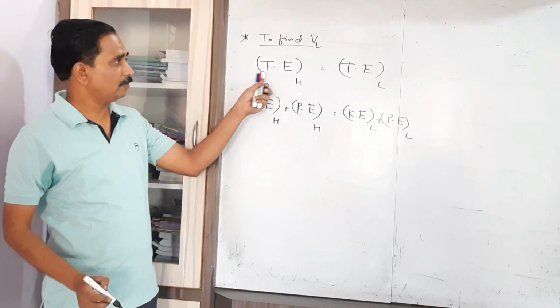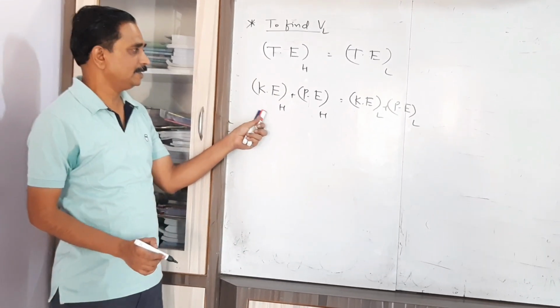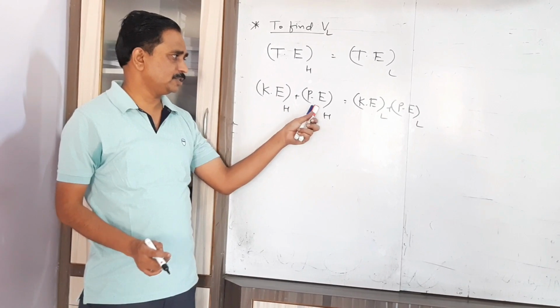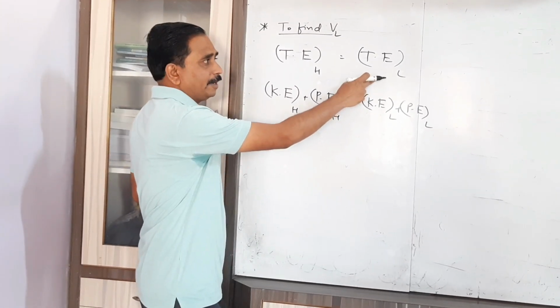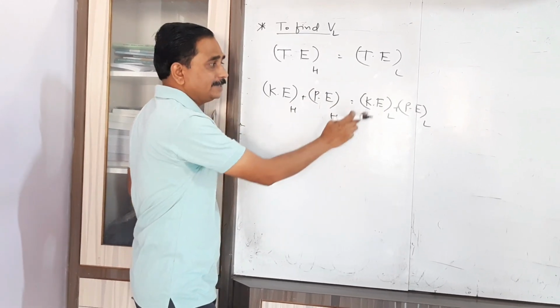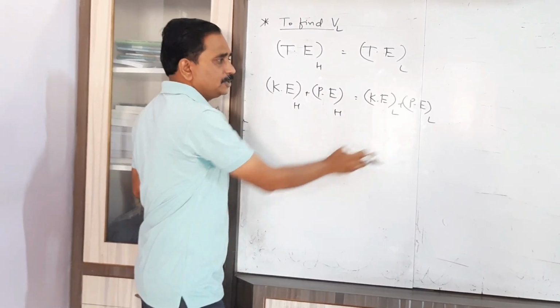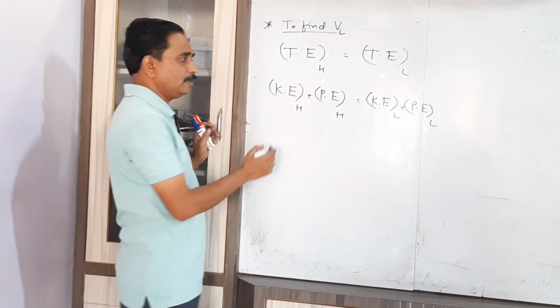Total energy at the highest position is kinetic energy at the highest position plus potential energy at the highest position. Similarly, total energy at the lowest position is kinetic energy at the lowest position plus potential energy at the lowest position.